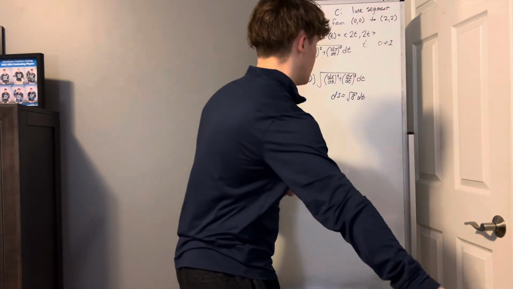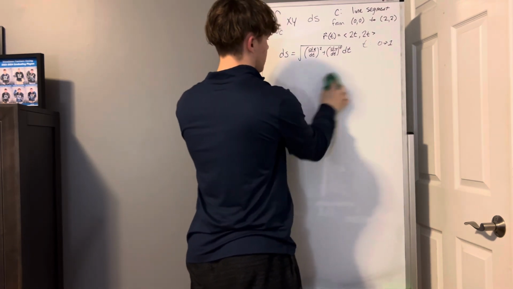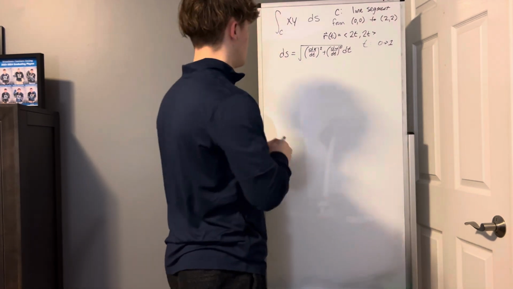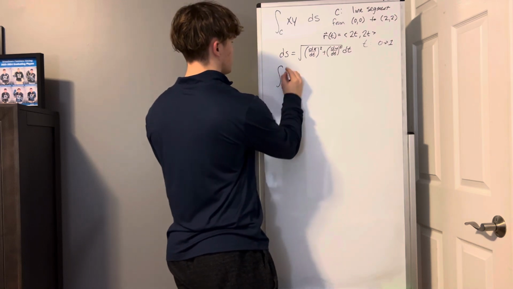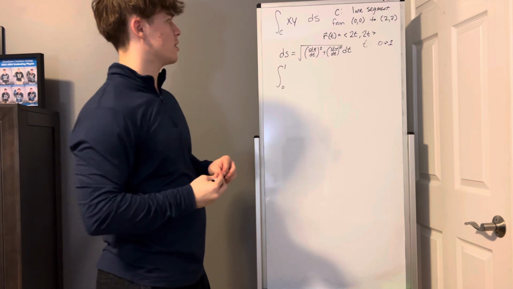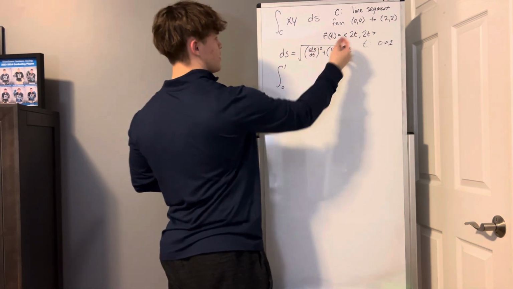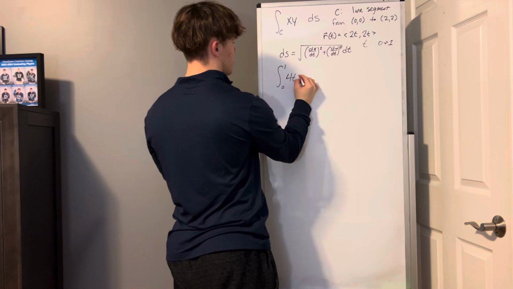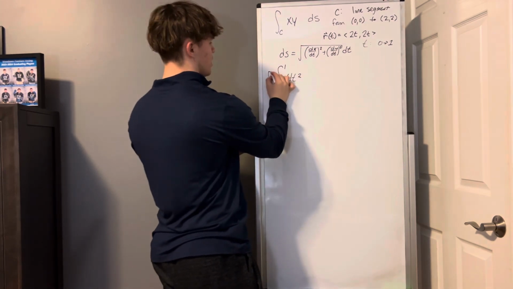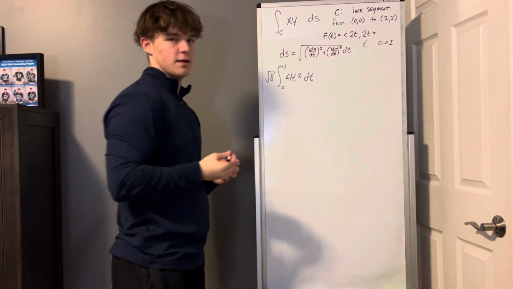So let's rewrite our integral. We have the integral from 0 to 1, x, y, represented in terms of r of t, is 2t times 2t, that's 4t squared. Let's take our root 8 outside, and let's put our dt.